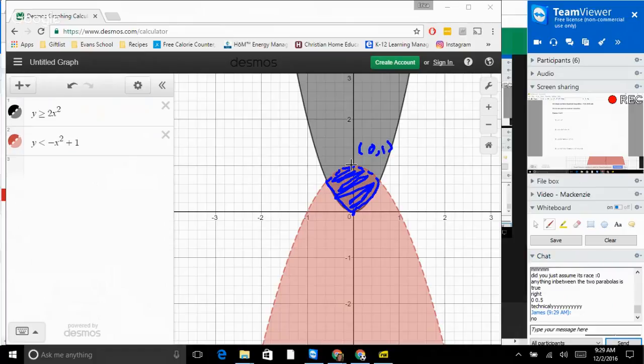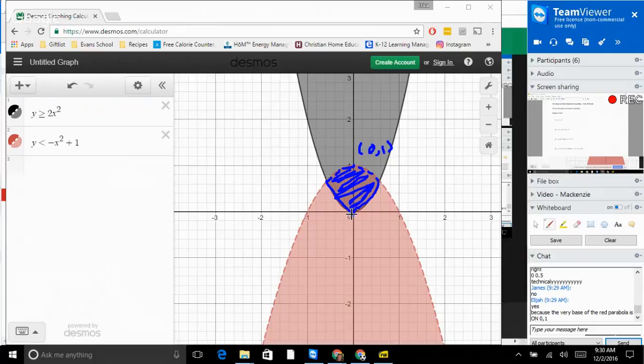James says no. Elijah says technically. So this is actually not a valid point because the top line is the dotted line. Yeah. And the dotted line means it can't actually be what's on the line, right? It has to be below that.